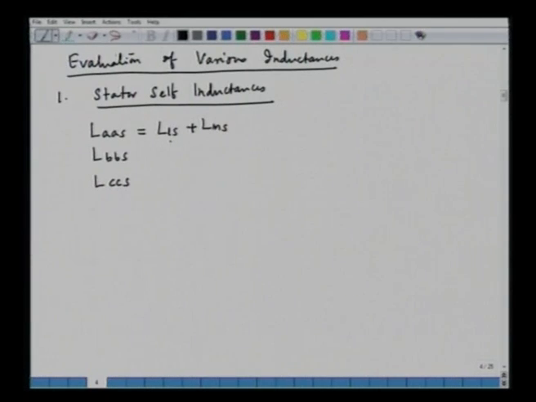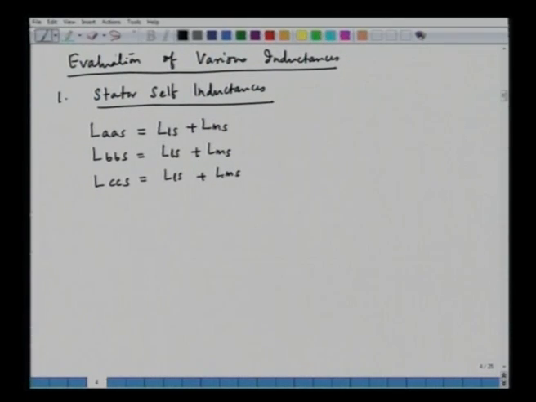LLS is the leakage inductance, LMS is the magnetizing inductance of phase A. Similarly, phase B, LLS plus LMS. The phases are symmetrical, so the inductances will be the same, LLS plus LMS.